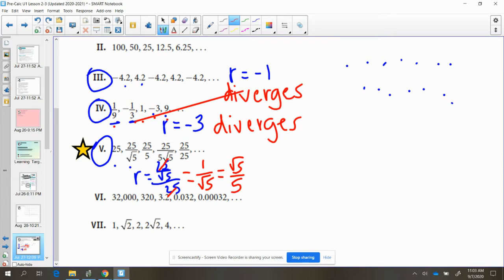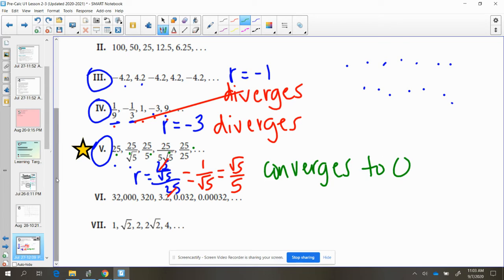Now, these values are actually going to converge because we went from 25 divided by the square root of 5. We have 25 divided by 5, which is 5. And we keep going, we're getting down to 1. Again, these are actually converging towards 0 each time as well.